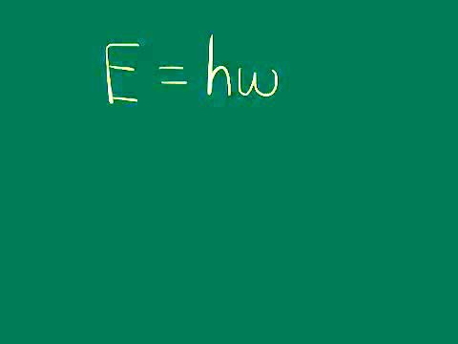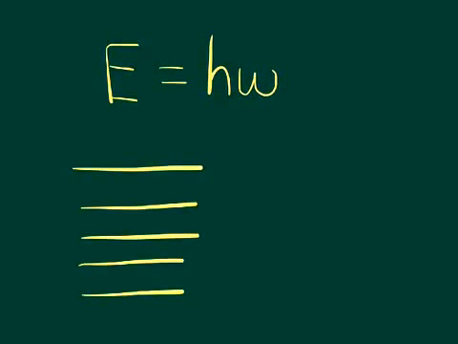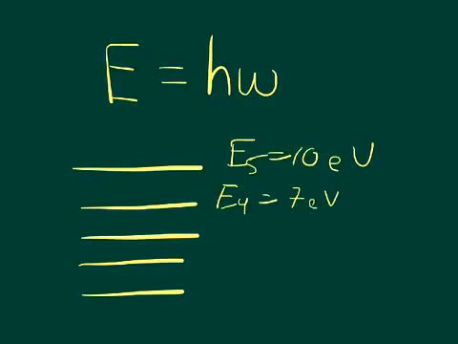Now, this tells us the energy that is released when an electron jumps from a higher level to a lower level. That's E. So we talked about an example in class where we had 5 levels. Say level 5 was 10 electron volts. Level 4 was 7. Level 3 was 5. Level 2 was 1.